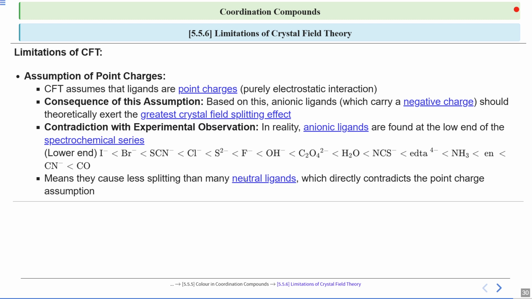Means they cause less splitting than many neutral ligands, which directly contradicts the point charge assumption of the crystal field theory. Because the anionic ligands are present at the very lower end of the series, they cause lesser splitting than the neutral ligands.